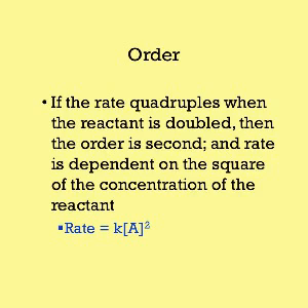All right, and then the third one that I'm going to give you is the next most popular order that is worked with, and that is that if a rate quadruples when the reactant concentration is doubled, that means that the order is second order. Or if when the reactant concentration is tripled, then the rate would be 9-tupled, or whatever the proper prefix is of that.